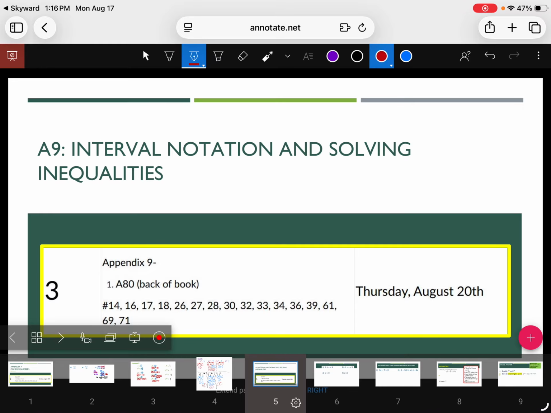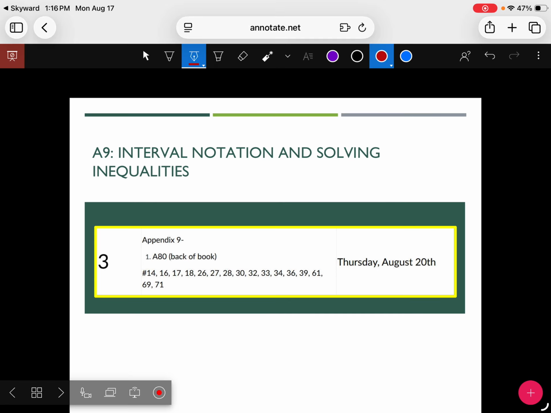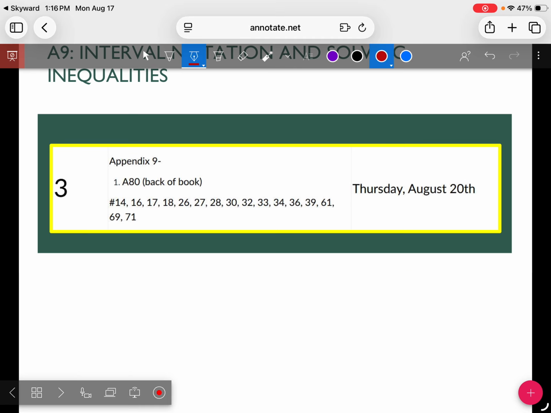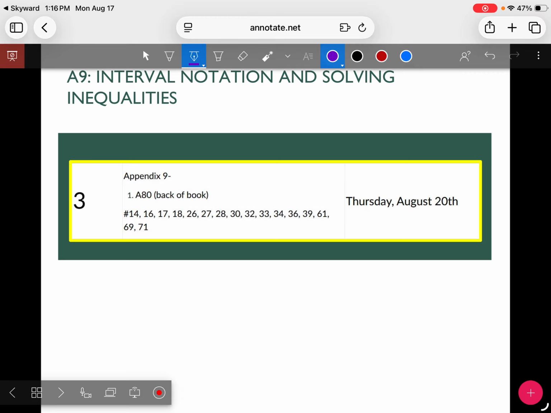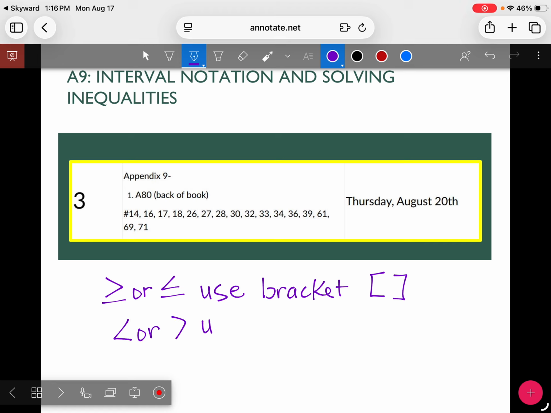All right, so let's go ahead and do a quick review of interval notation. Remember, if it's equal to, we have to use a bracket. And if it's not equal to, we use parentheses. That's really the only thing.